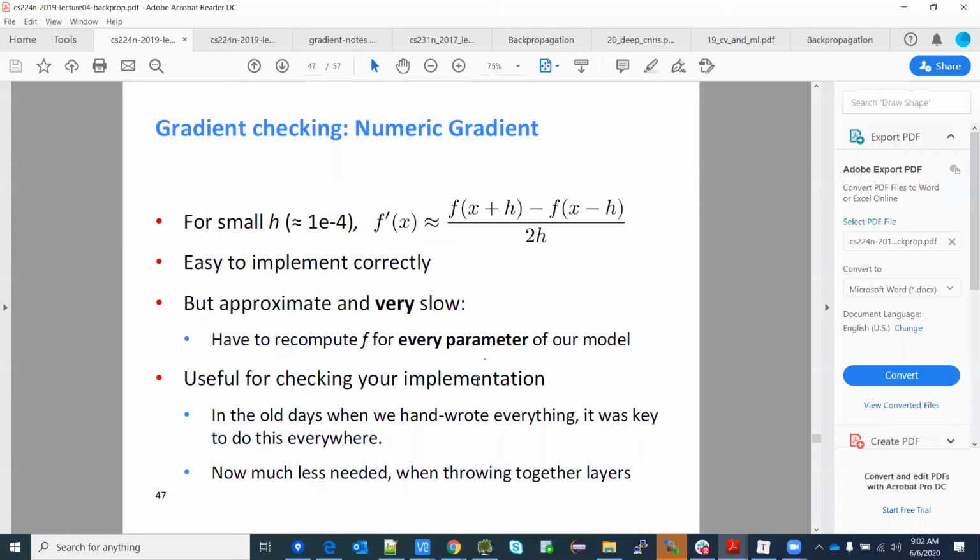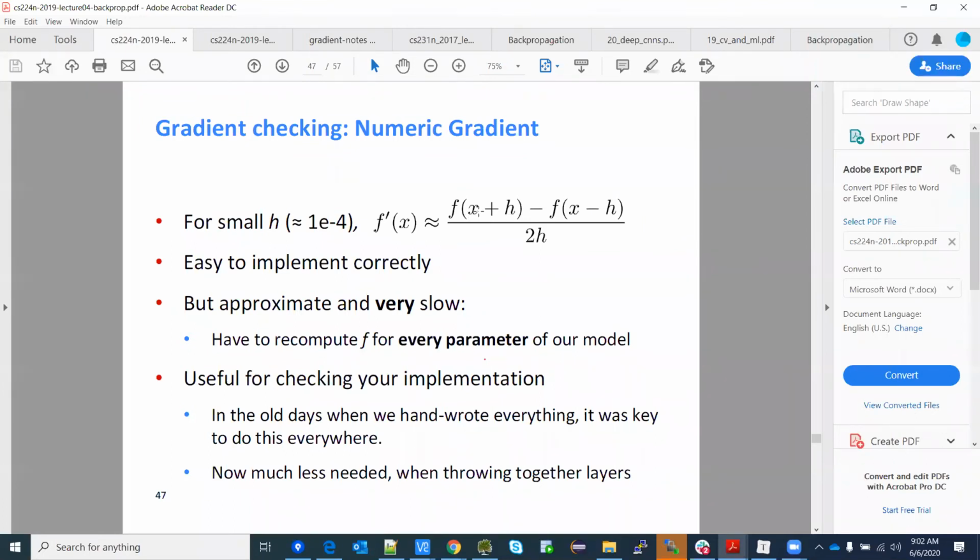What is this equation? This is just a numeric gradient of the function f, right? Suppose you wanted to numerically compute it, you have f of x, whatever your function is, you take a very small value for h, and you're just calculating the slope here.